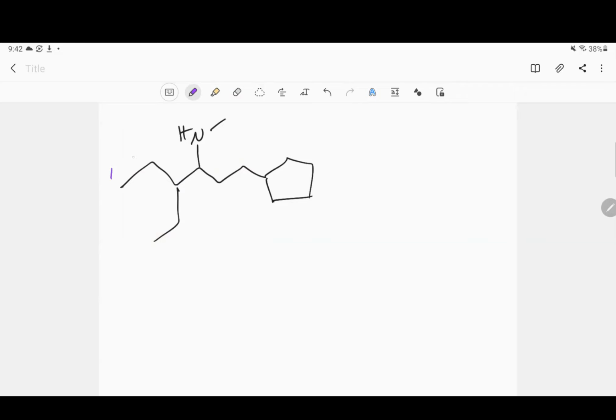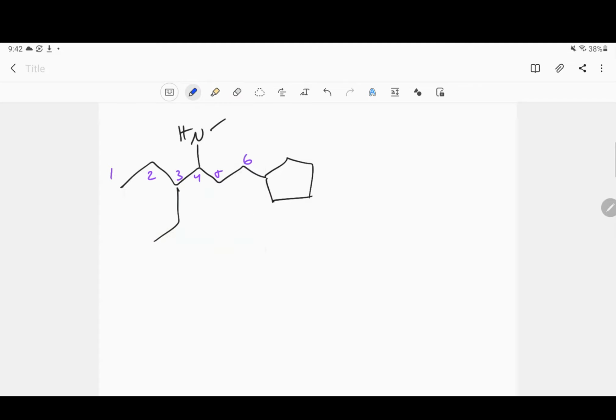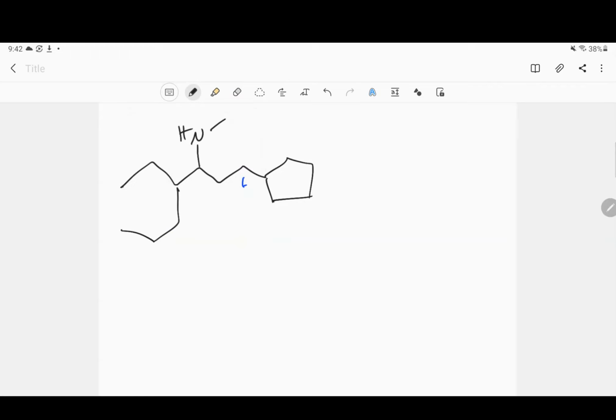You could do the purple numbers, or you could do the blue numbers. Oh, I'm sorry, there's an additional carbon down there. Hold up, I didn't draw it correctly. Okay, sorry, there we go.